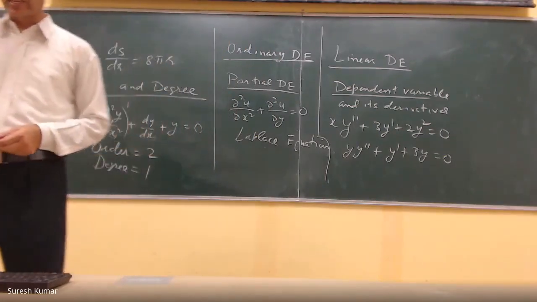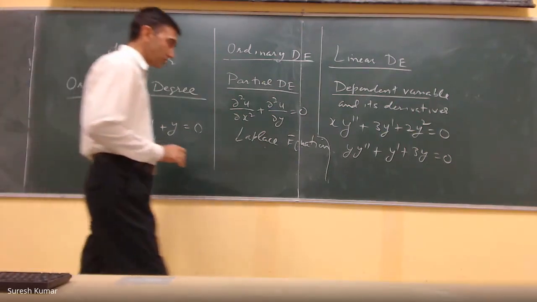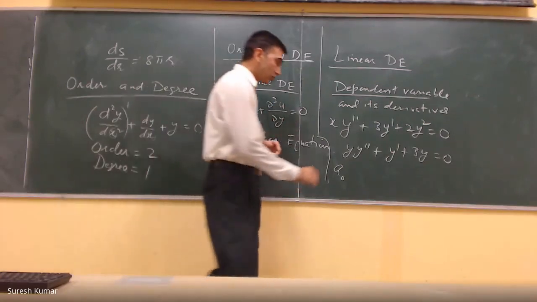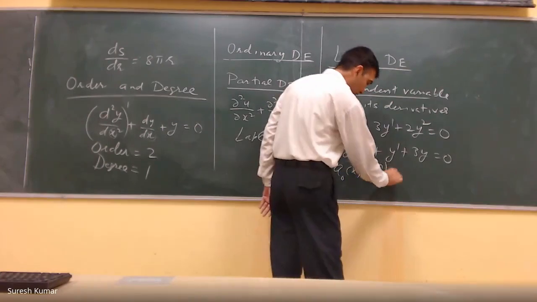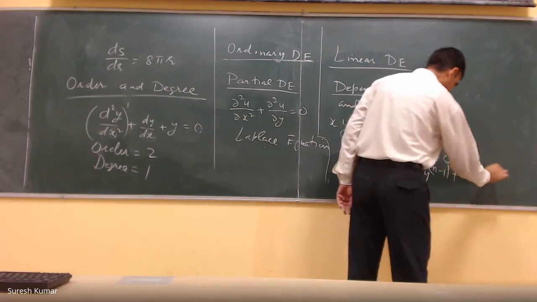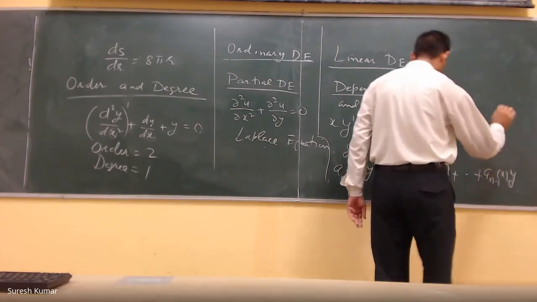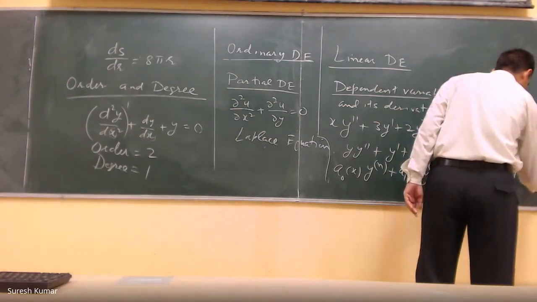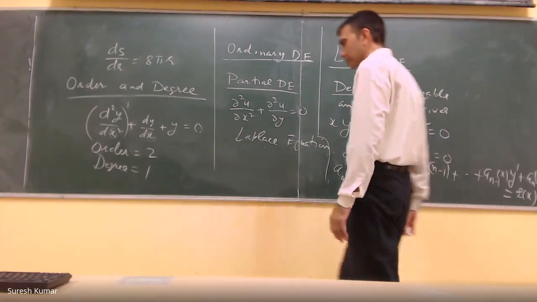So the thing is that, can we write the most general form of the linear differential equation? Yes. Most general form of the nth order linear differential equation can be written in the form a0(x) y^(n) plus a1(x) y^(n-1) plus and so on, a(n-1)(x) y prime plus an(x) y equal to some function R(x).